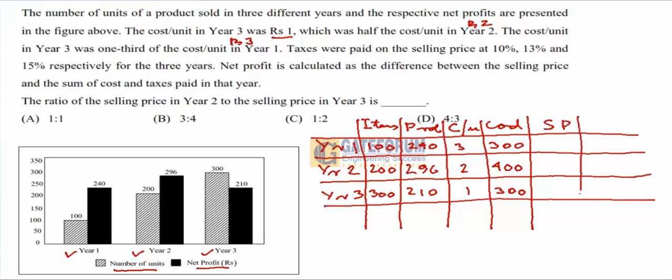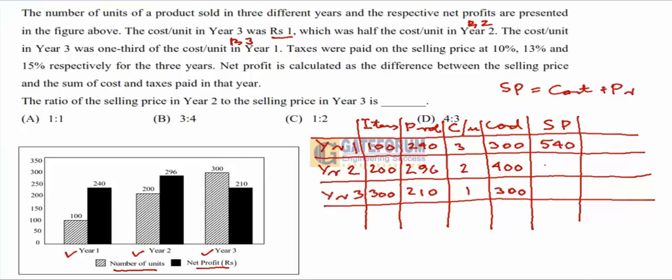So what is the selling price? Selling price will obviously be the cost plus the profit, because we must understand selling price is equal to cost plus profit, right? So let us check. This must be 540.